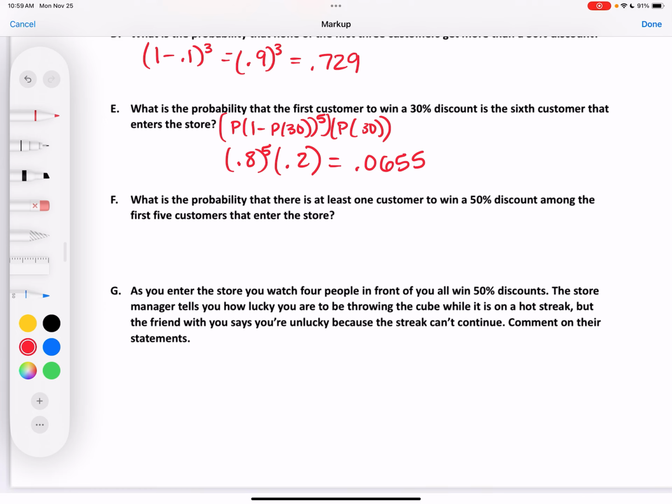What is the probability that there is at least one customer to win a 50% discount among the first 5 customers that enter the store? Yep, complement rule, because we have at least one. So I would say that we do 1 minus the probability that none of the 5 win a 50%.